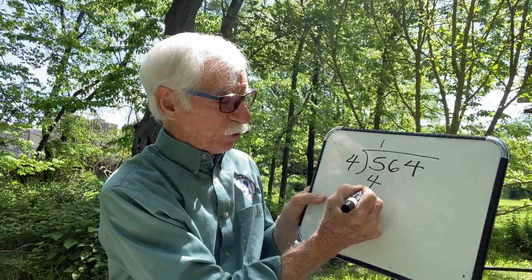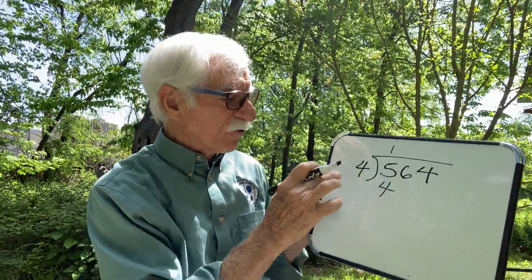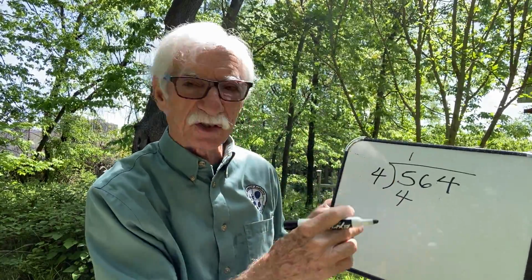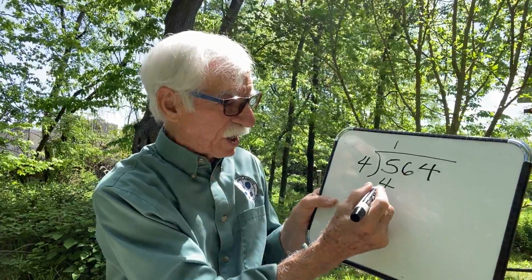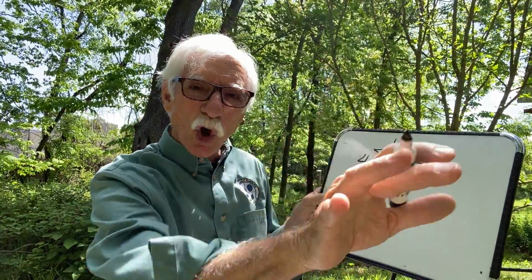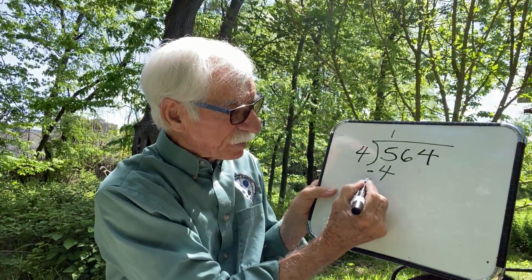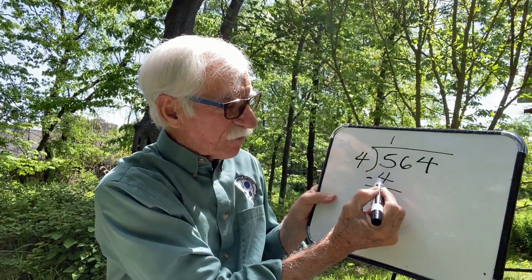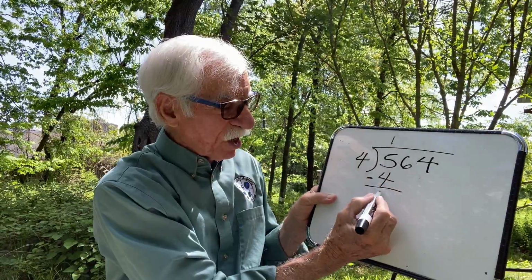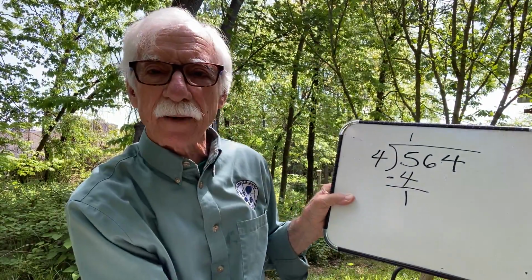That means we've distributed 400 of our 564 cans of soda. So we've got to take that away. It's a subtraction. I've given away 4 of the 5 hundreds, so I have 100 left, don't I?